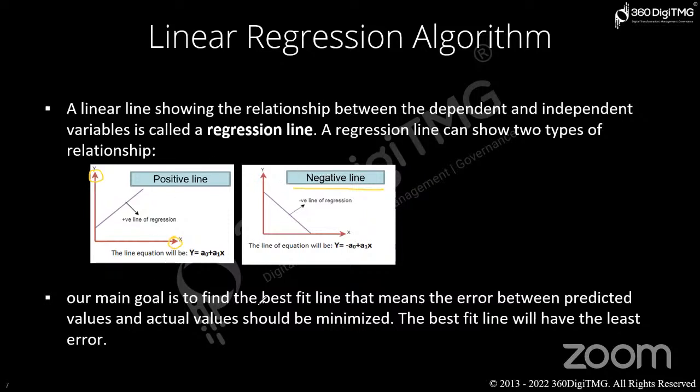Our goal is to find the best fit line. That means the error between predicted values and actual values should be minimized, and the best fit line will have the least error.